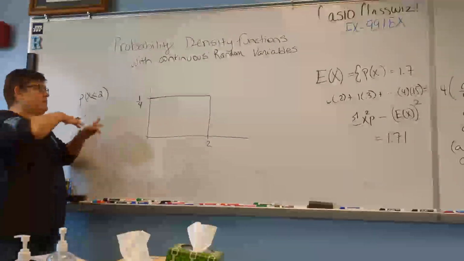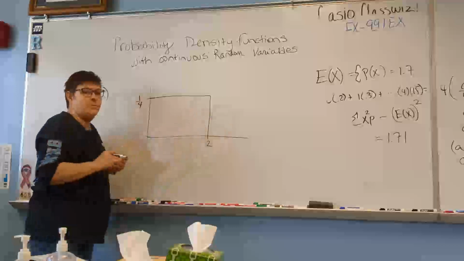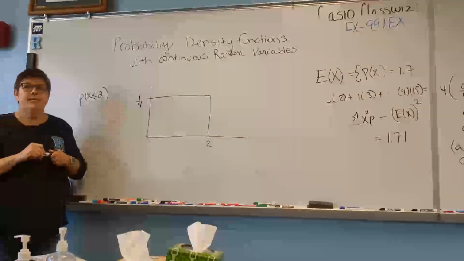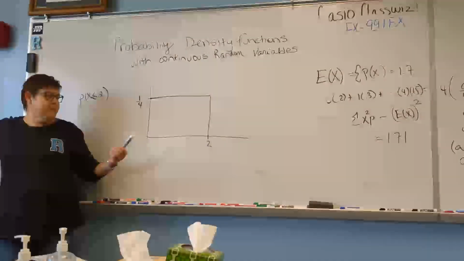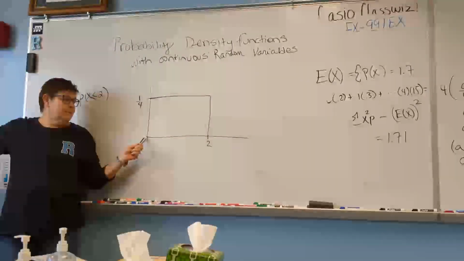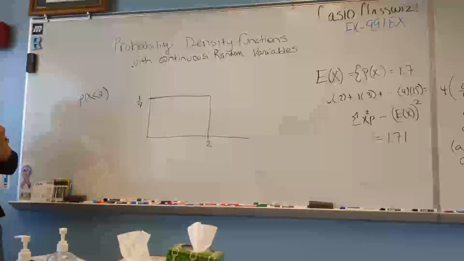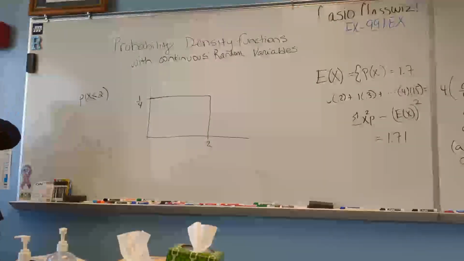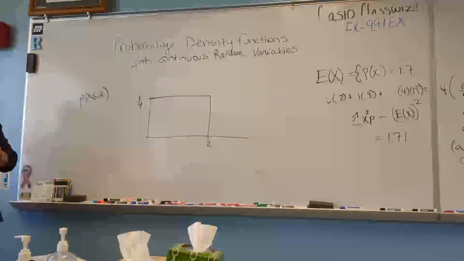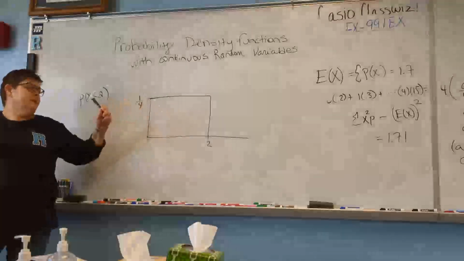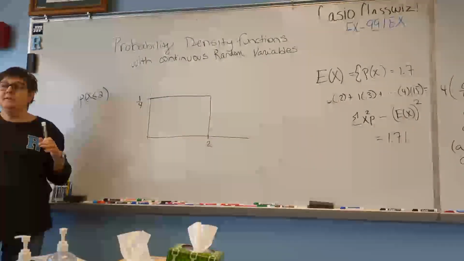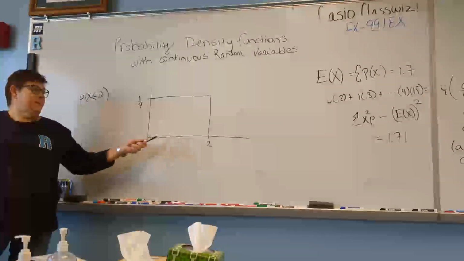So this is my particular drawing that I'm working with, and I wanna know the probability that I'm going to be less than 2, okay? Do you agree the drawing goes from 0 to 2? Does that make sense? So what's the probability that what I'm looking for is going to be less than 2?